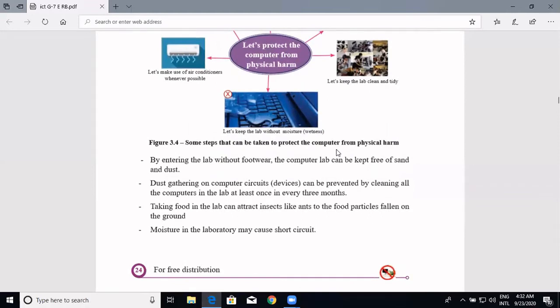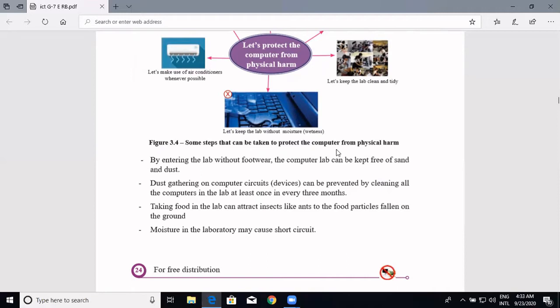Again, they have mentioned the steps, right? Try to enter the lab without footwear, because then your lab will be kept free of sand and dust. Always try to clean your computer accessories to avoid dust gathering on these computer circuits.